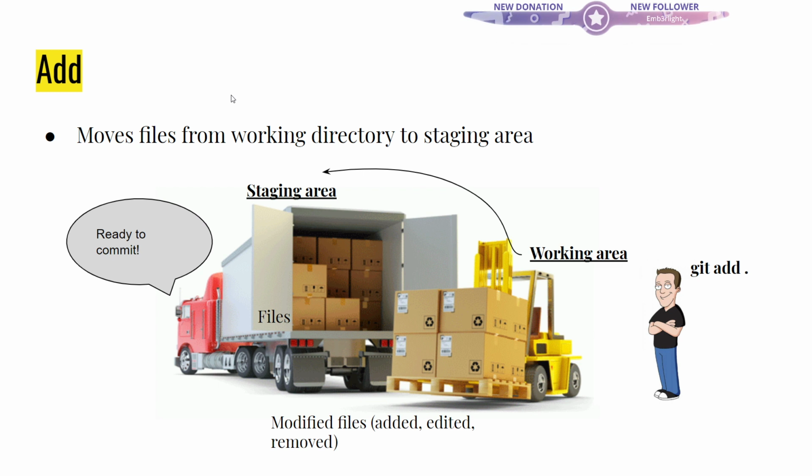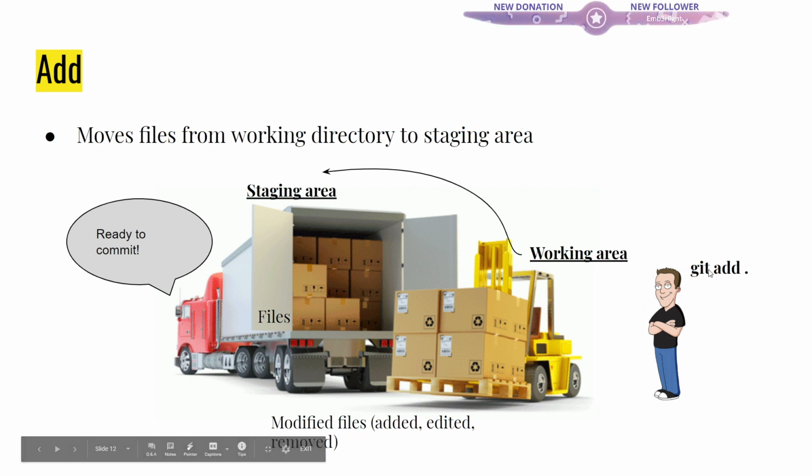And now, how do files move in terms of git commands? When you do git add, and dot means that you add all the files, git add dot will move files from your local working area to the staging area to be ready for commit delivery to the repository.